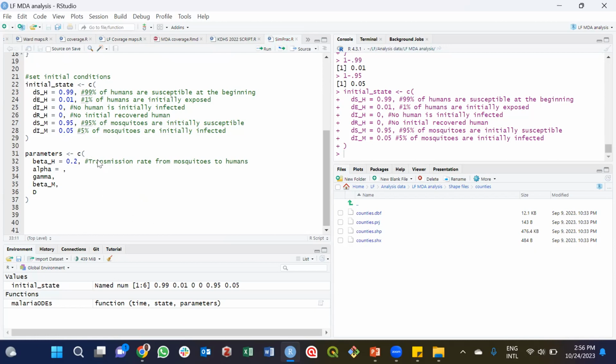Alpha, the incubation rate, we had 0.1. Then you can see this incubation rate, remember? And then the gamma was the recovery. We had 0.05. Then we call it recovery X. And then the cause of infection for mosquito. Let's call it that.